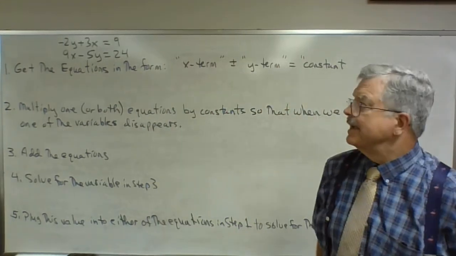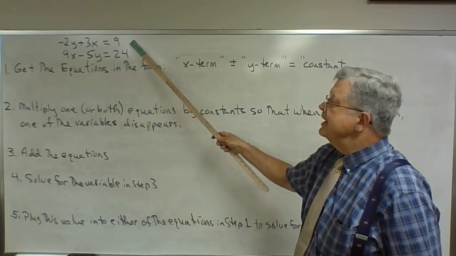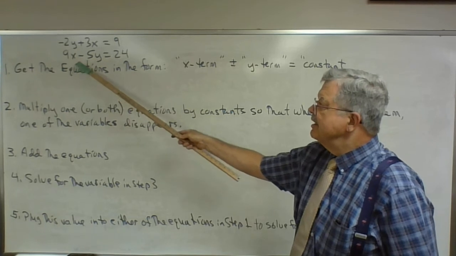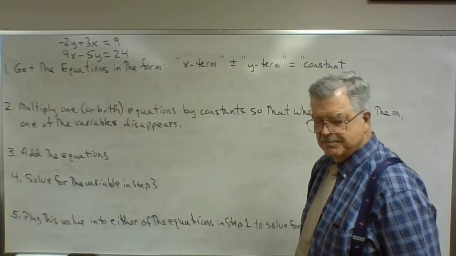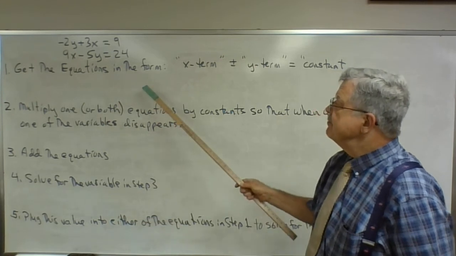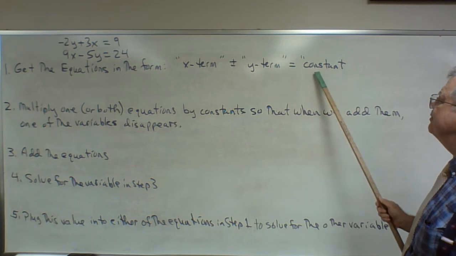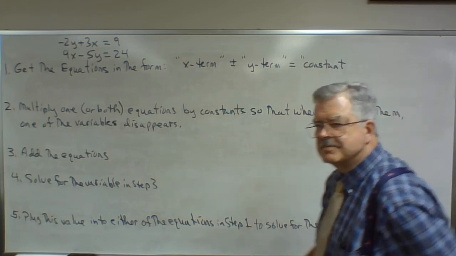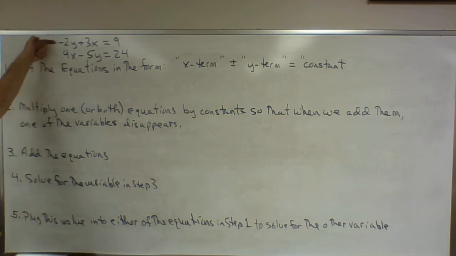This one looks like a nice example. Negative 2y plus 3x equals 9. 9x minus 5y equals 24. The first step, get the equations in the form x term plus or minus y term equals constant. And this equation is not in that form.